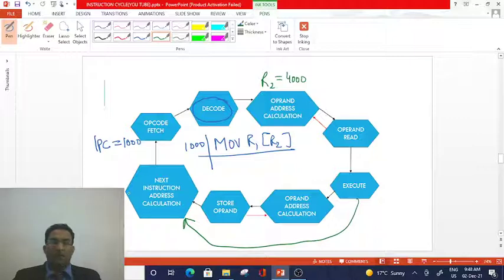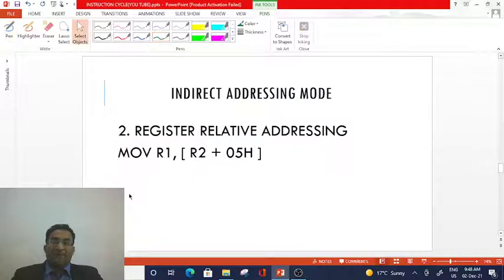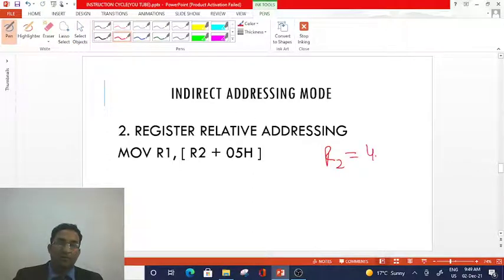Now, indirect addressing modes are of several types. There is a second indirect addressing mode which is called register relative addressing mode. Register relative addressing mode means here again the address is not directly given. Let us suppose that R2 is equal to 4000.